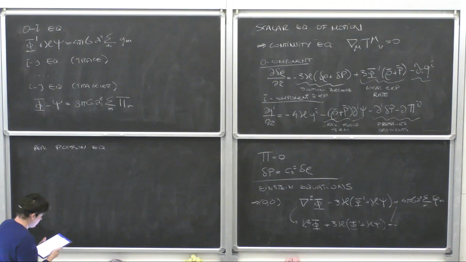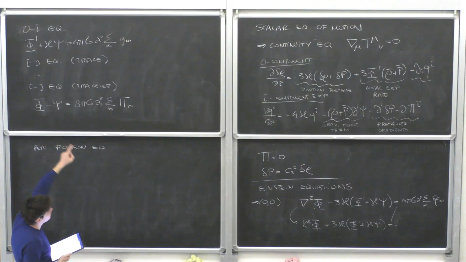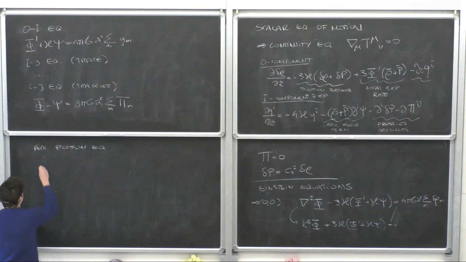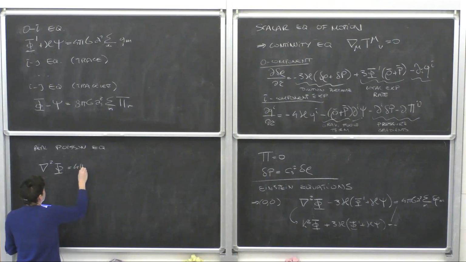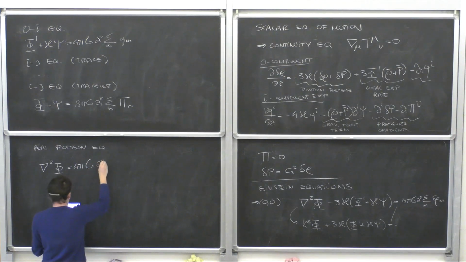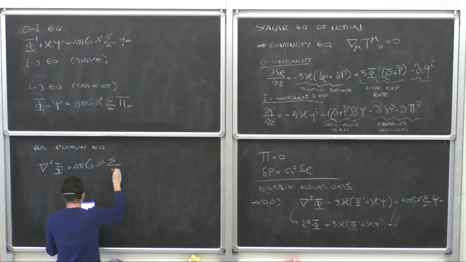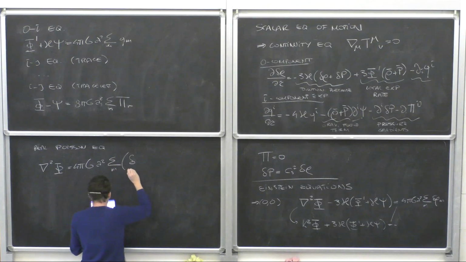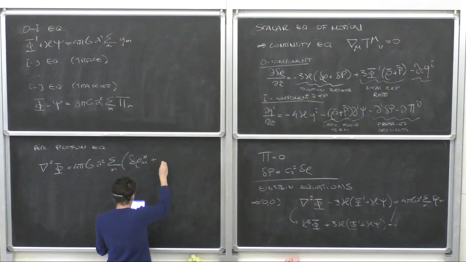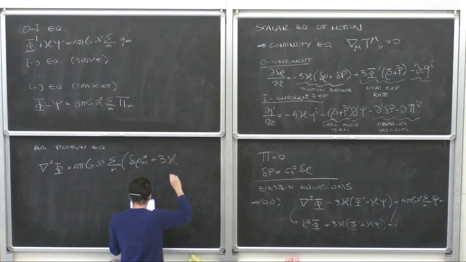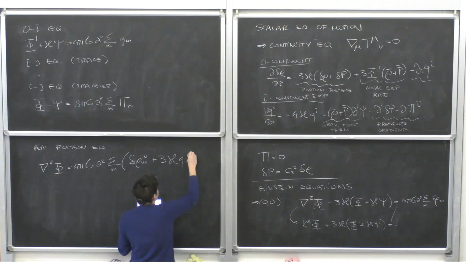So I'm going to take that equation and plug it into the 0,0 Einstein equation, and this tells you that grad squared phi is equal to 4 pi G a squared sum over m of delta rho_m. Now I'm going to specify that this is in Newtonian gauge, with the combination delta rho_m plus 3H over k squared times q_m in the Newtonian gauge.